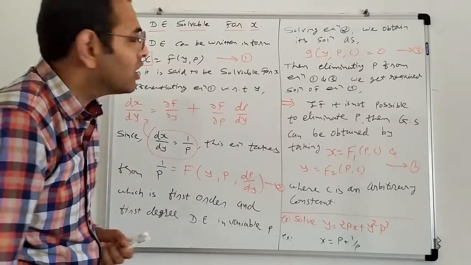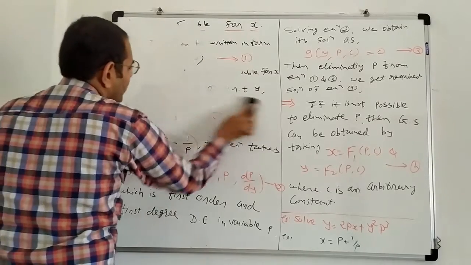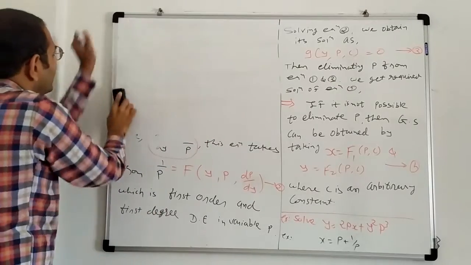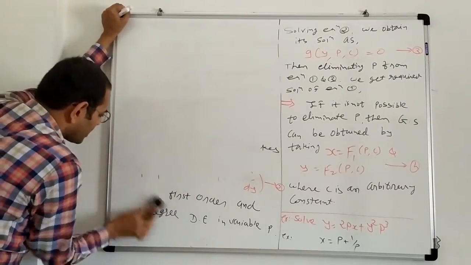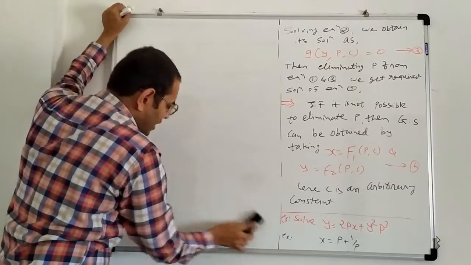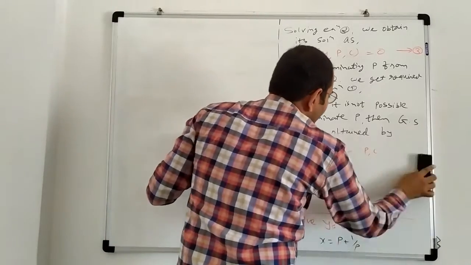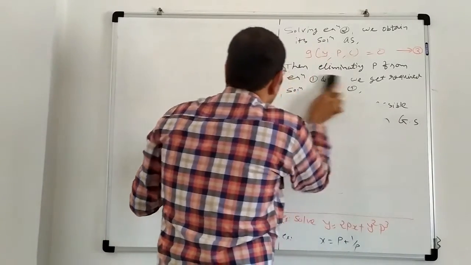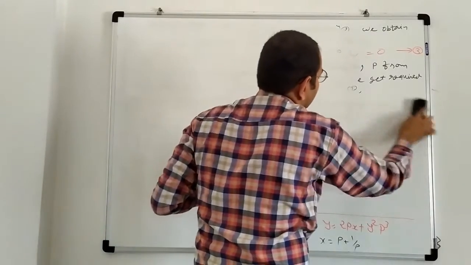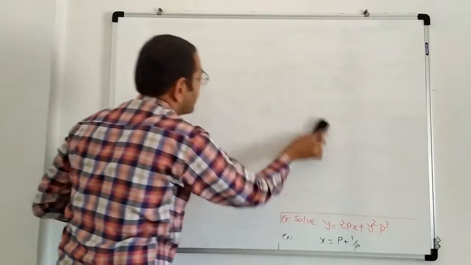Let us start with one example. First of all, whatever differential equation is given in the question, we convert it into the form of f of x comma p in case 2 and case 3, to make x the subject of the differential equation.